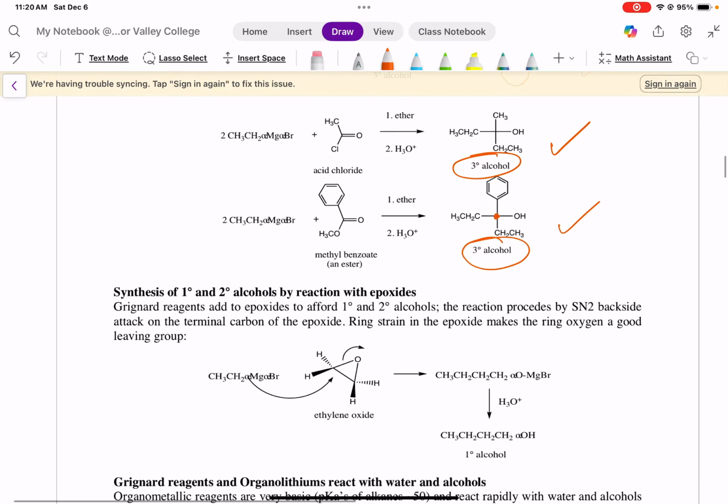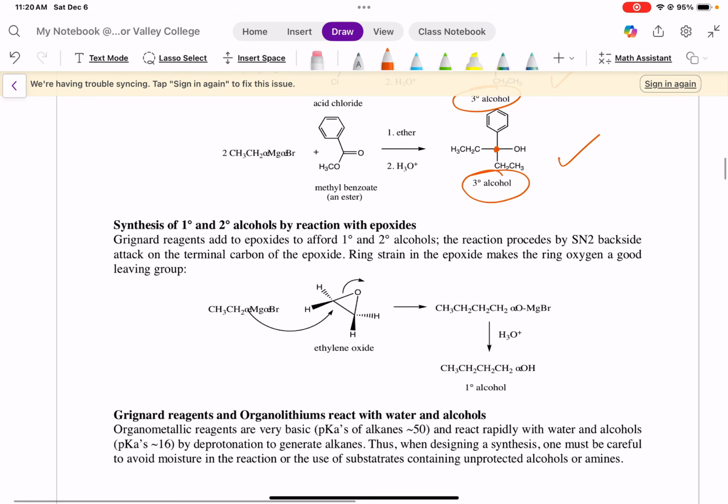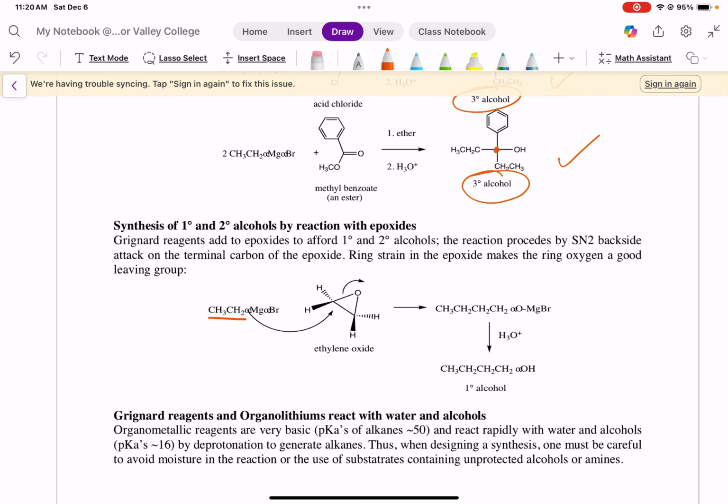Okay, so that's Grignard reagents. Now we can also add the same Grignard reagent to an epoxide. And remember, to make an epoxide, all you need is a double bond and a peracid, that's MCPBA. Go back to the alkene chapters, and you should be able to see it. CH2Cl2 as a solvent, and you've got an epoxide. This is the simplest epoxide, but it doesn't have to be that one. Any three-membered ring with an oxygen.